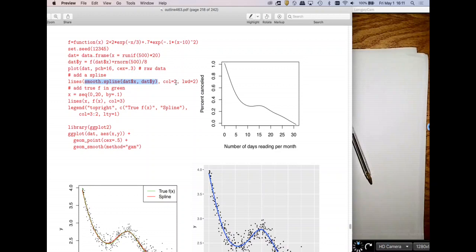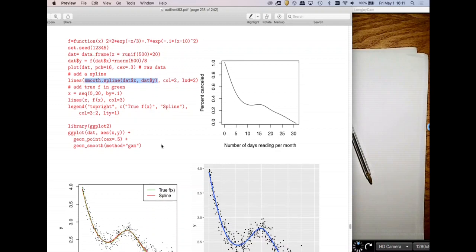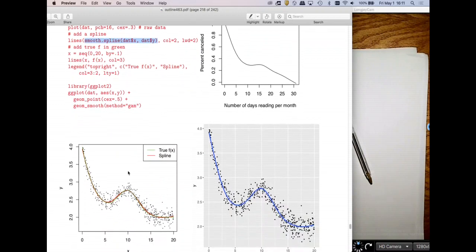And I say, let's give it color red, and I'll make the width a little bit bigger. And so that smoothing spline function approximated the green curve using only the observed data that I gave it. And you have to admit this is an incredible approximation. That red line is right on top of the green line, and I didn't have to do anything.